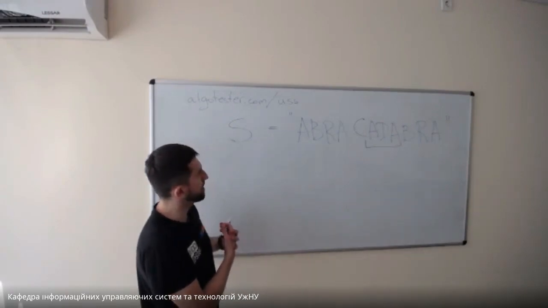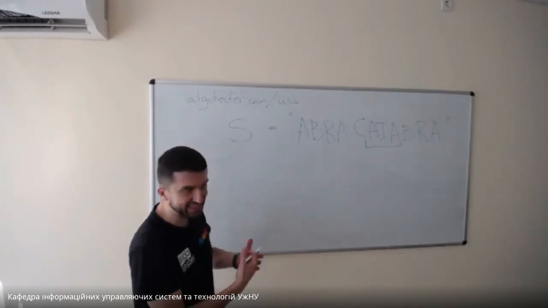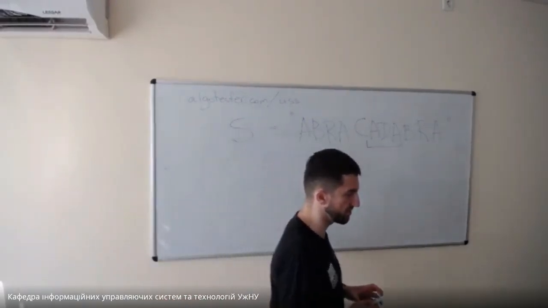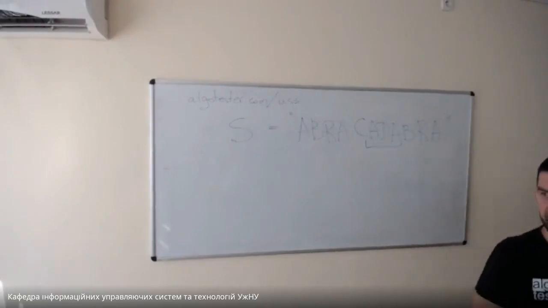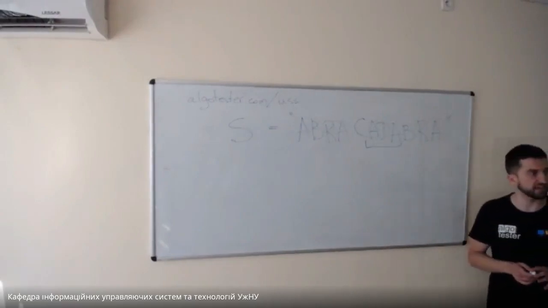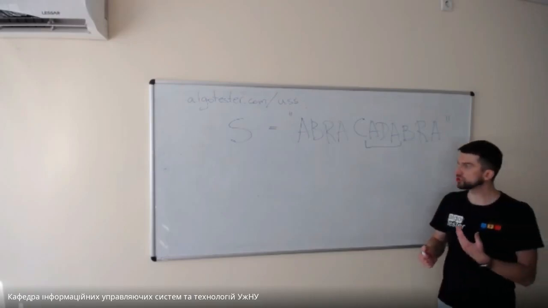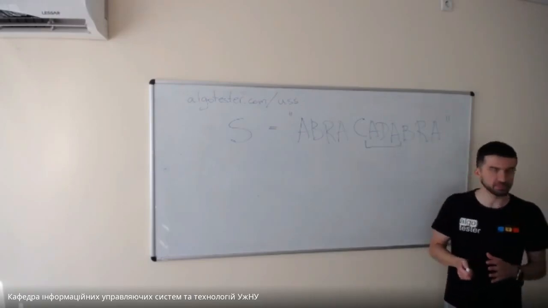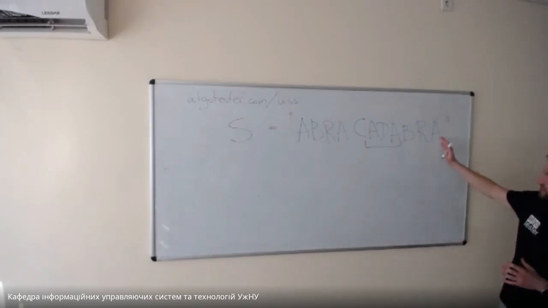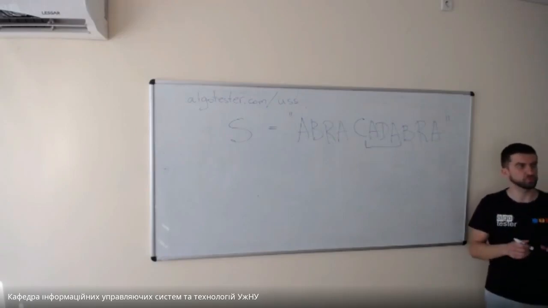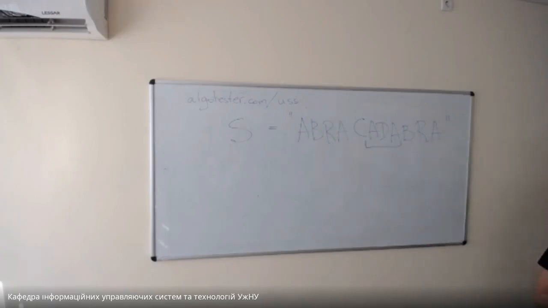So technically, suffix automaton is a directed graph. It's a deterministic finite machine or automaton that accepts all suffixes of the given string. So do you know what is a finite machine or automaton?